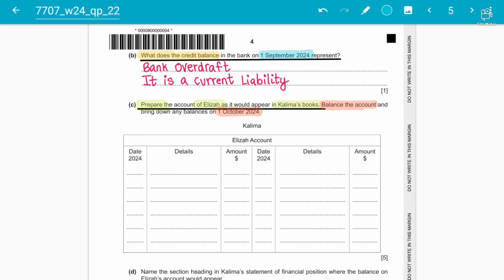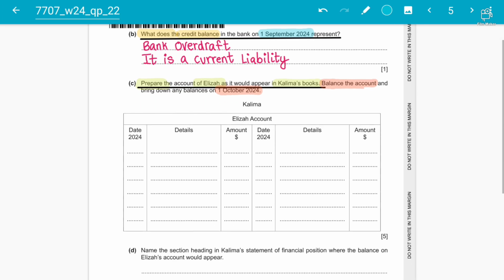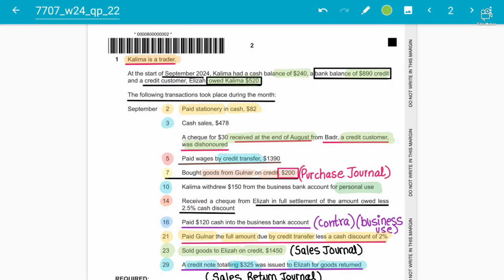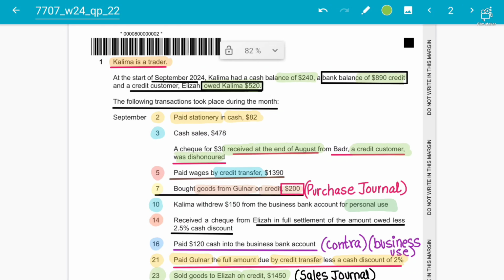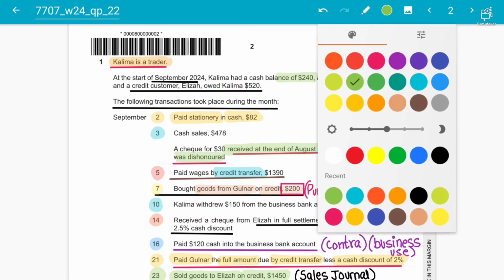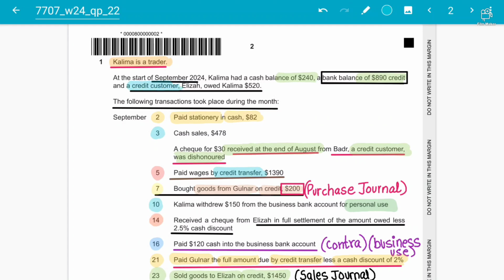So the first important thing is, how do you make a T account which is worth 5 marks? It's the opening balance, whether Alize is a customer or trade payable, a supplier, a debtor or a creditor. The question will tell that, because all the information with respect to Alize will have to be accommodated. Students need to understand that for Kalima, Alize is a credit customer who owed us $520 at the start of the month.